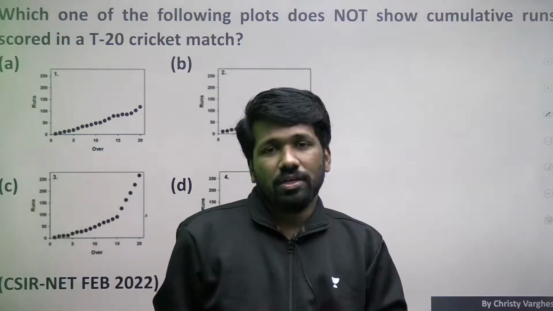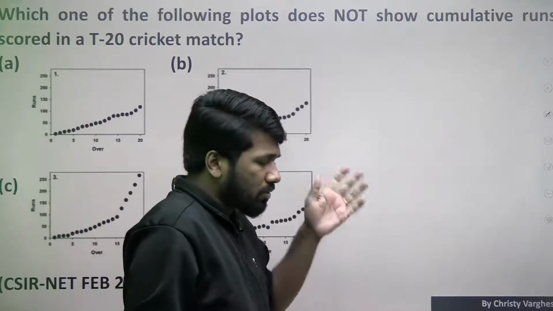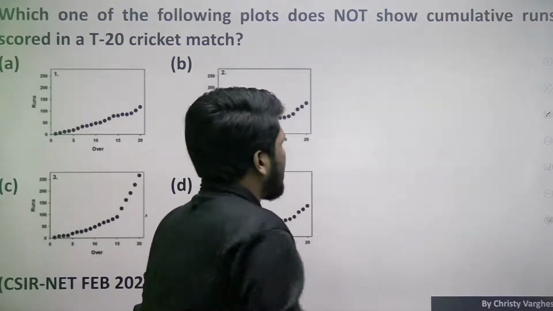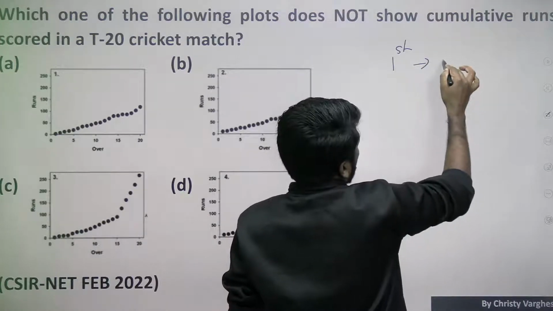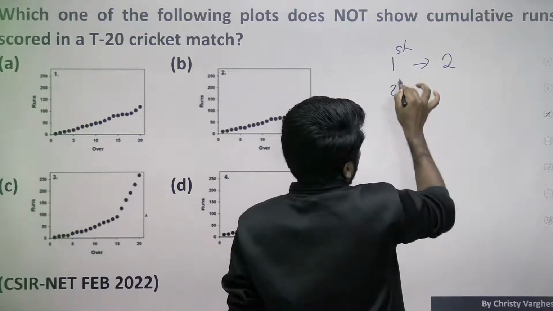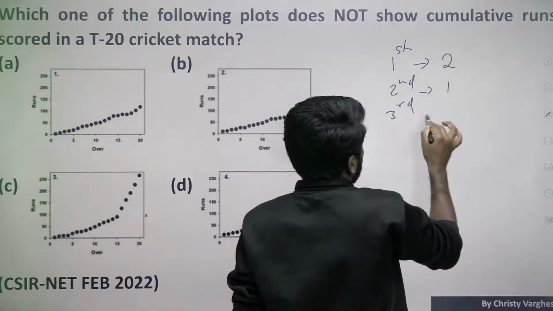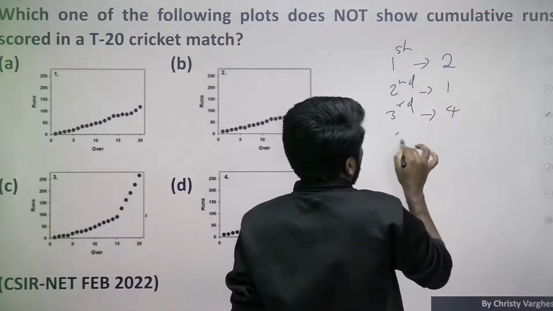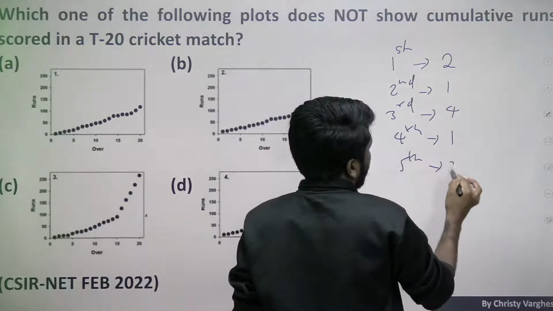So think that, for example, tomorrow you are starting, tomorrow considered as the first day, you ate 2 chocolates, second day you ate 1 chocolate, third day you ate 4 chocolates, fourth day you ate 1 chocolate, fifth day you ate 2 chocolates again.